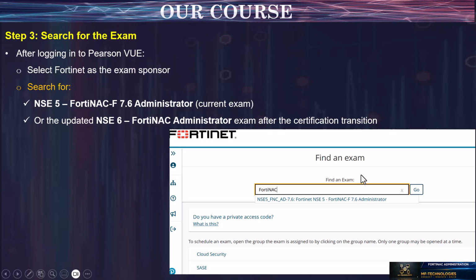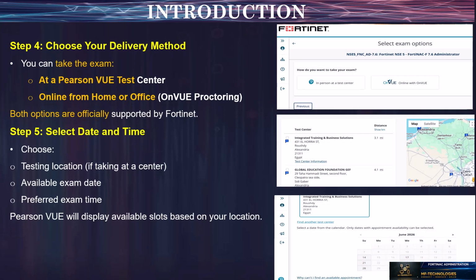Once you have selected the exam, the next decision is how you would like to take the exam. Pearson VUE offers two official delivery options for Fortinet certification exams. The first option is to take the exam at an authorized Pearson VUE testing center. This provides a controlled testing environment with on-site staff available to assist you if necessary.